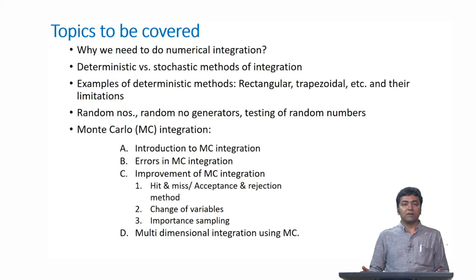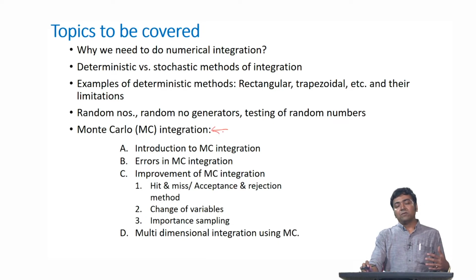For example, the rectangular method, the trapezoidal rule, and what their limitations are, how does one make estimates of the error, how the errors scale with the system size, and so forth. And then we will move on to the stochastic methods, which is primarily what we are going to talk about, the Monte Carlo integration method.